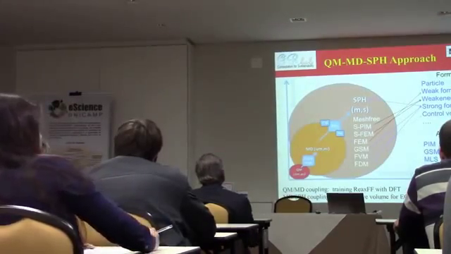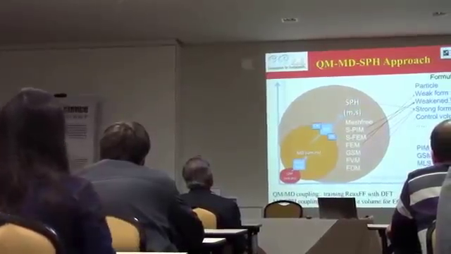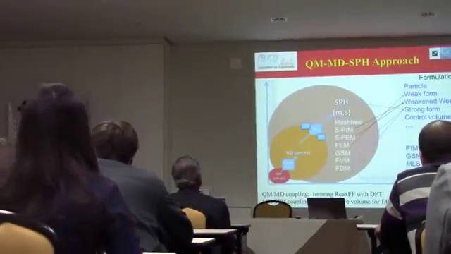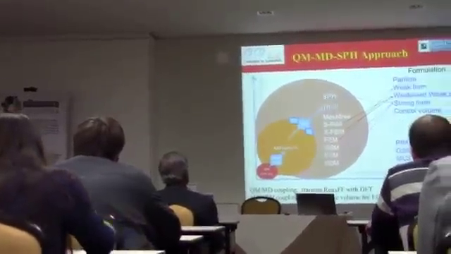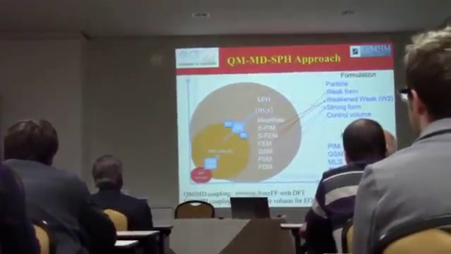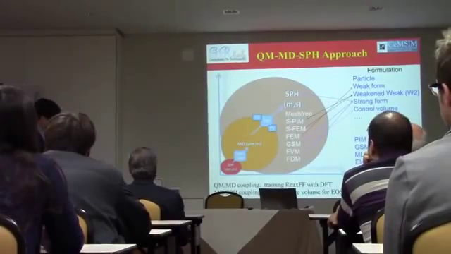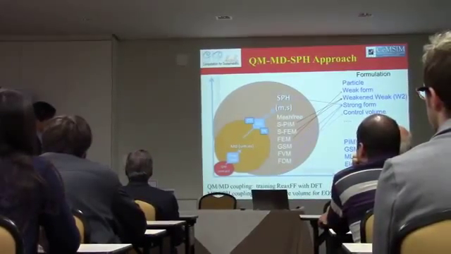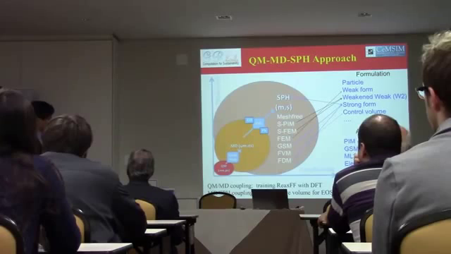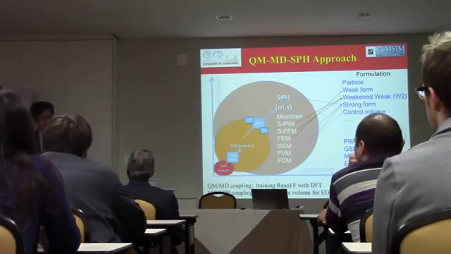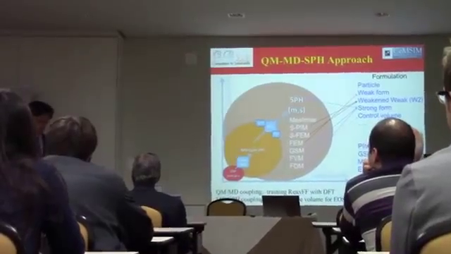I'm going to use these very busy slides to let you know what I have been going through in the past 30 years, and how that is going to help me solve the problem of modeling very specific materials we call explosives.